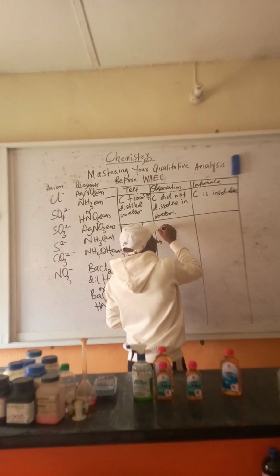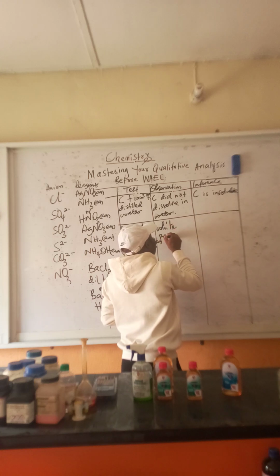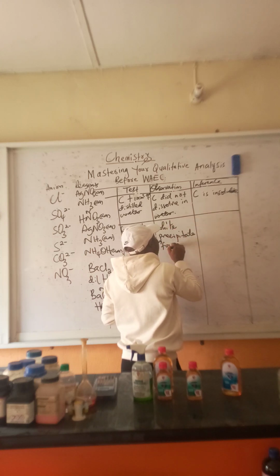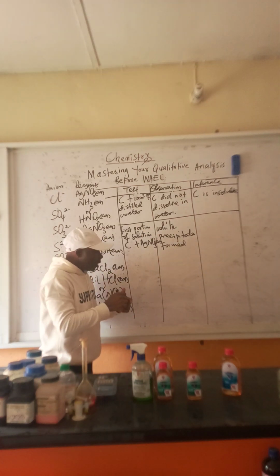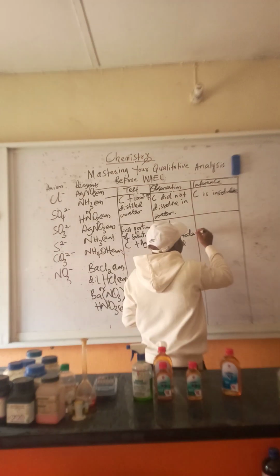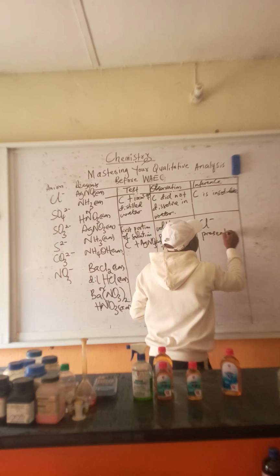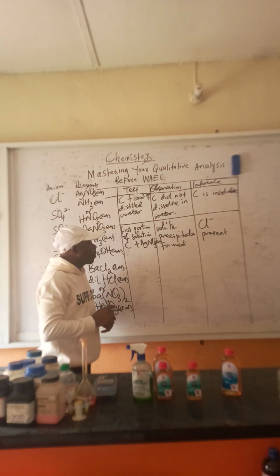If you observe white precipitate formed, what it means is that the salt contains Cl minus. That is, chloride ion is present. That is your inference.